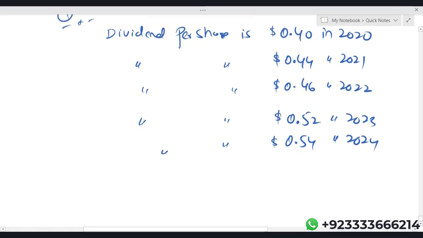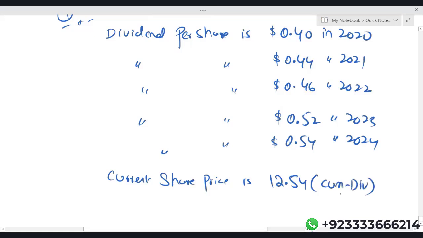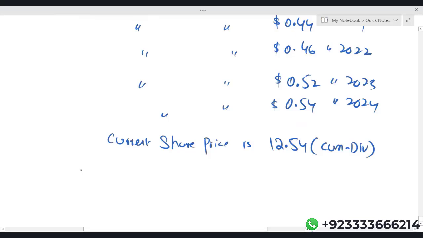This is the information plus current share price is 12.54 cum div. Last year is always the current year, if nothing is mentioned. Required.